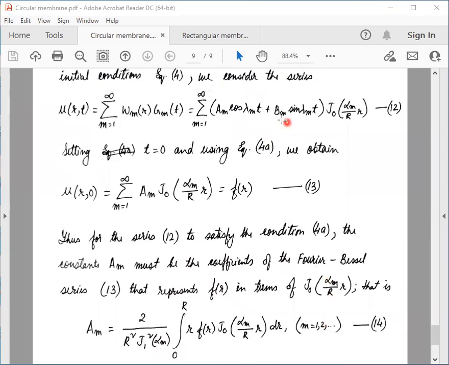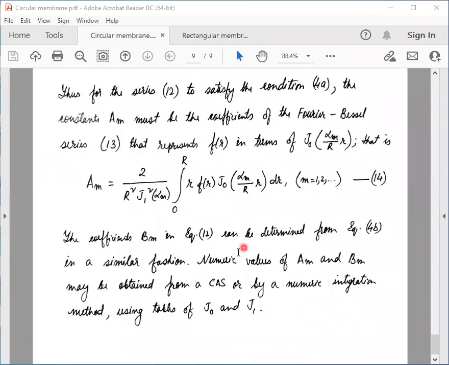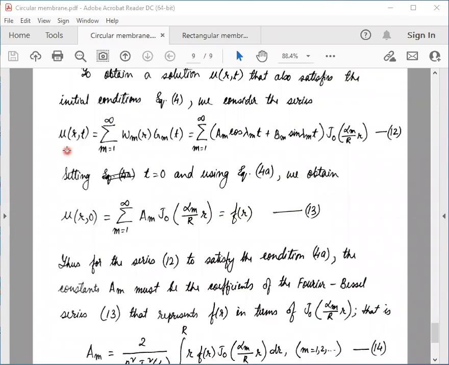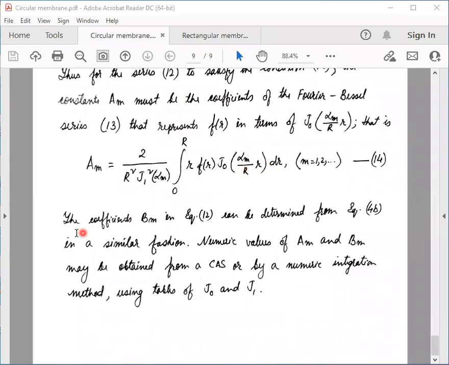Similarly, the coefficient bm can be determined from the second initial condition, that is the initial velocity. And how do we find that? We take the partial derivative of u with respect to time and then put t equal to 0, and then we can solve for bm. So the coefficients bm in equation number 12 can be determined from the second initial condition in a similar fashion.